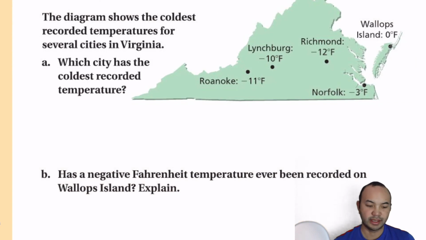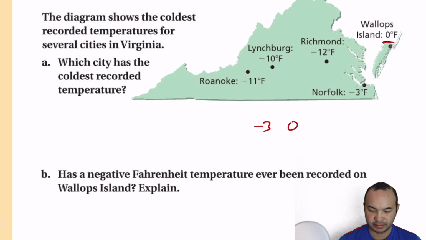Another example here, the diagram shows the coldest recorded temperatures for several cities in Virginia. Which city has the coldest recorded temperature? So again, you could draw this on a number line or just try to write it in order from least to greatest, right? So 0 is right here. -3 would be to the left of 0. Let's see, -12 would be somewhere over here. -11 would be to the right of -12.